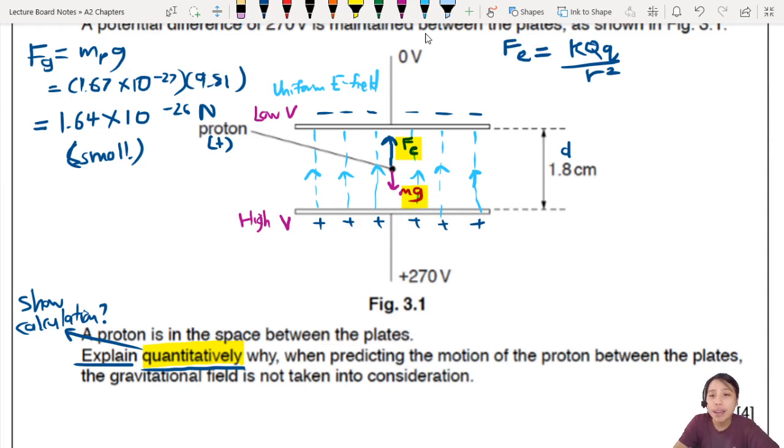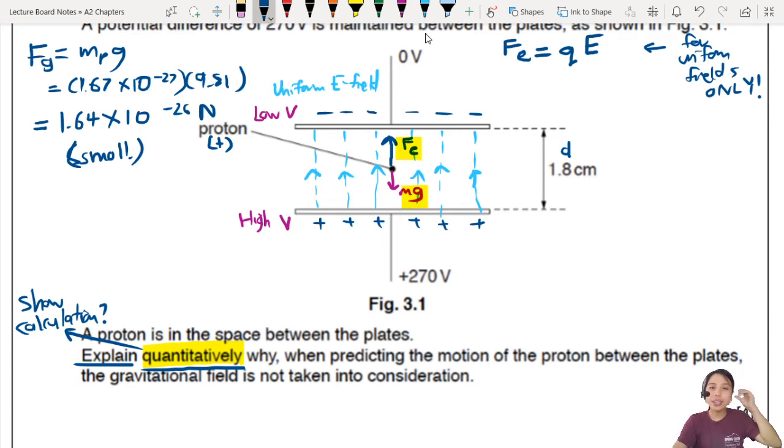What we have here is a uniform field, my friend. So you can use all the previous knowledge that you know about uniform fields to calculate this. For uniform fields, the electric force depends on the charge times the electric field strength. And this is for uniform fields only.